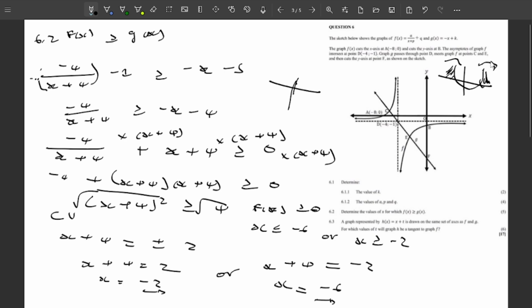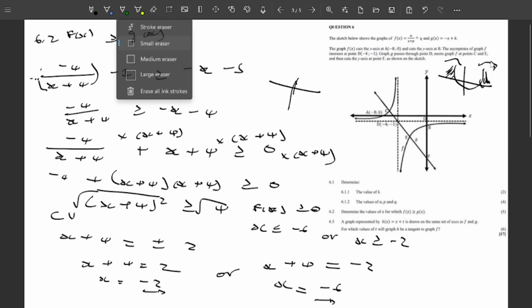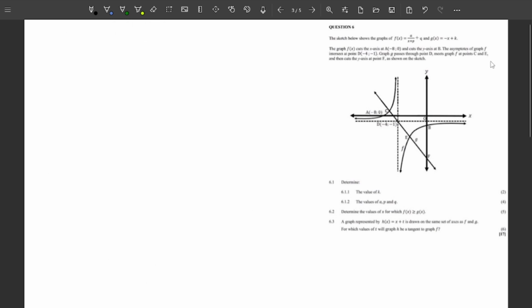Going to the last question, which is 6.3. Now a graph represented by h(x) = x + t is drawn on the same set of axes as f and g.